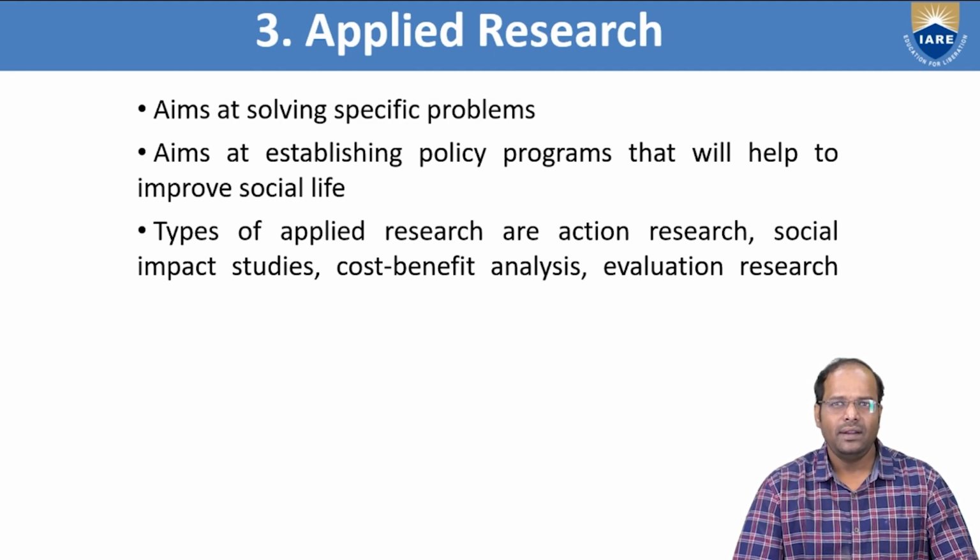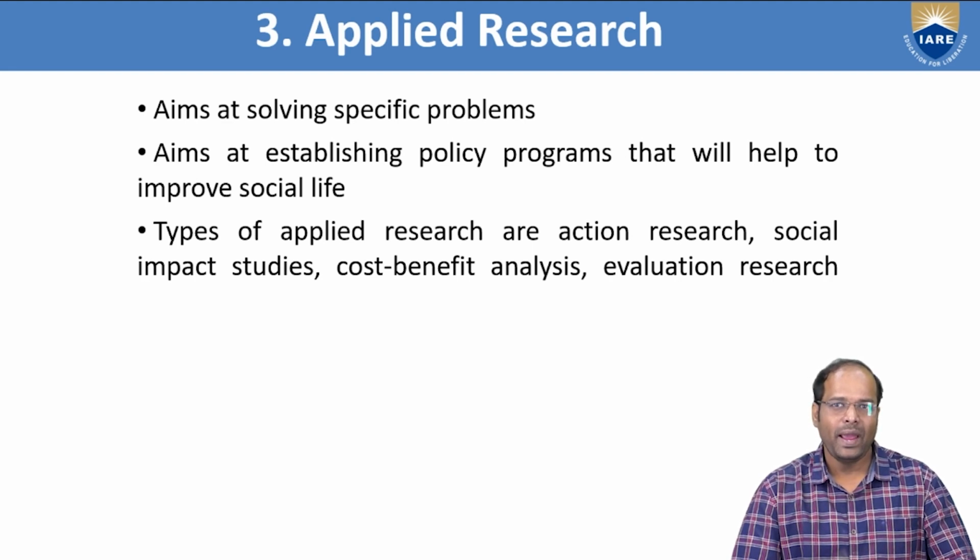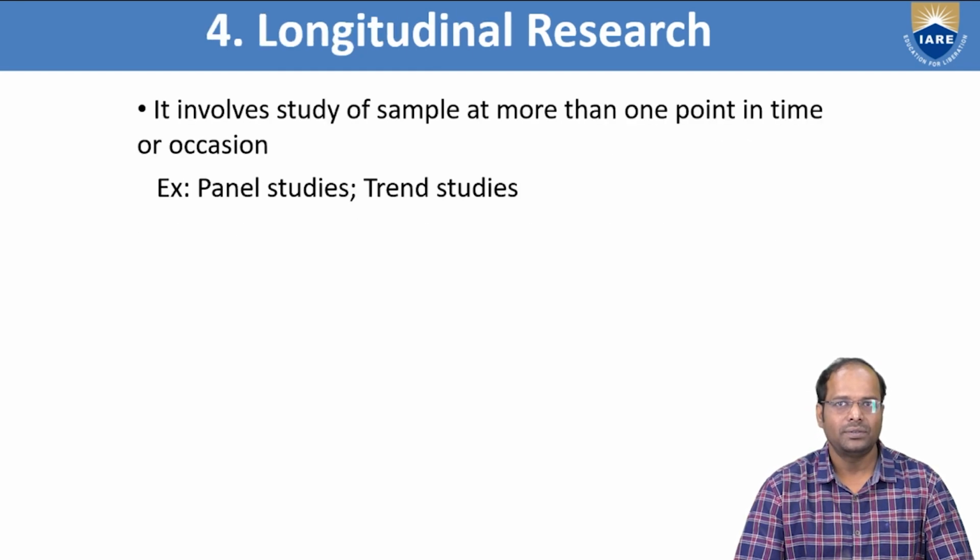It aims at solving specific problems, and it also aims at establishing policy programs that will help improve social life in the society. Action research, social impact studies, cost benefit analysis, and evaluation of research are examples of applied research.